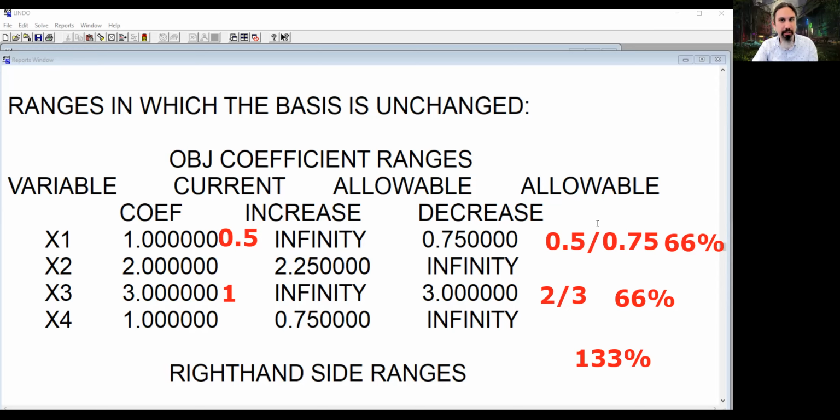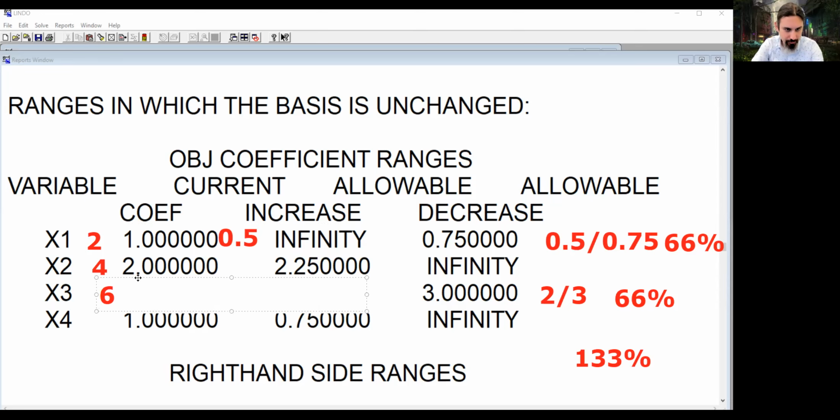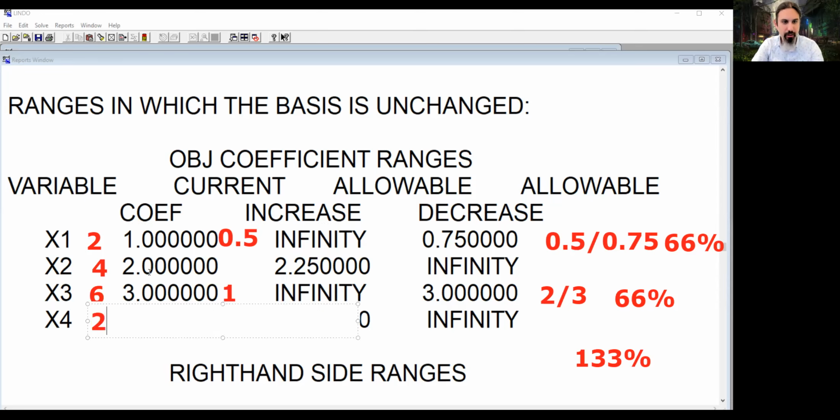There might be things we can do to show that this may not break optimality. For example, think about it. If I said that I'm going to just change the coefficients like this: 2, 4, 6, and 2. I've increased this one by 1 point, by 2, by 3, by 1 point again. Is the optimality gone? Is the solution still optimal or not?